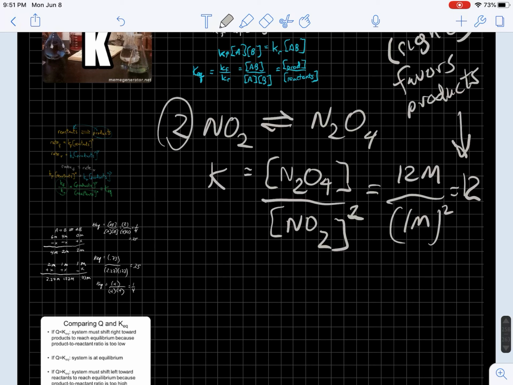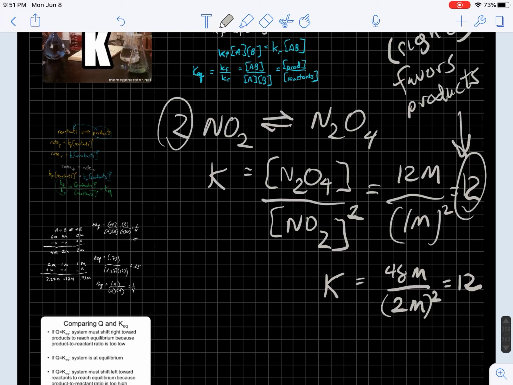For instance, it's very possible we could run a reaction, and then at equilibria, we could find that this is 48 molar product, and that our reactant is only 2 molar. And when we do that, 48 over 2 squared, we still get a value of 12. So generally, when they talk about the number itself, 12, we would say that this favors products and that the equilibria lies to the right.